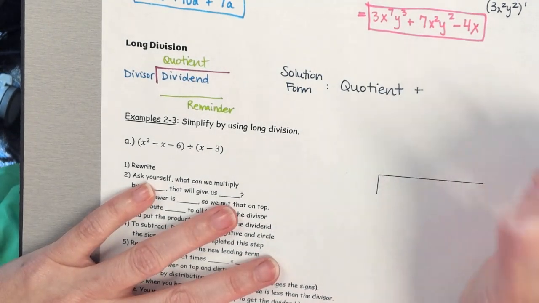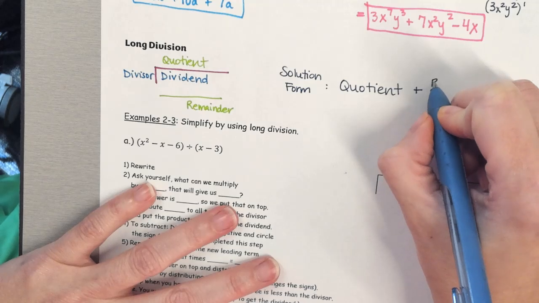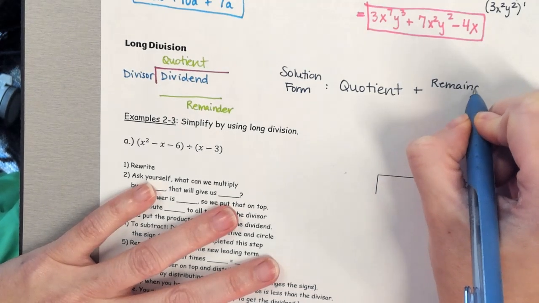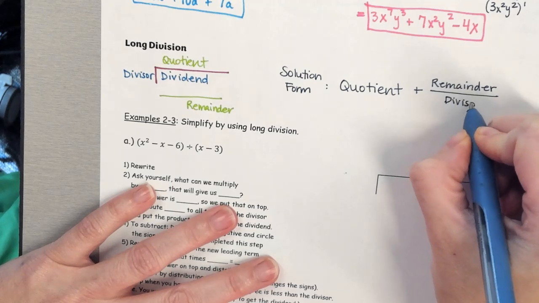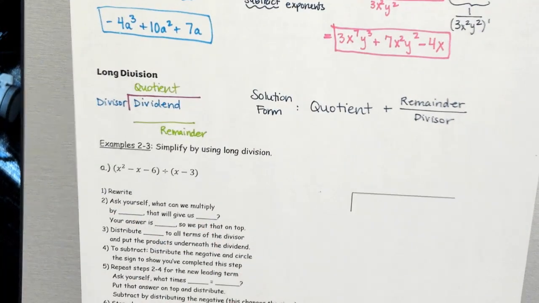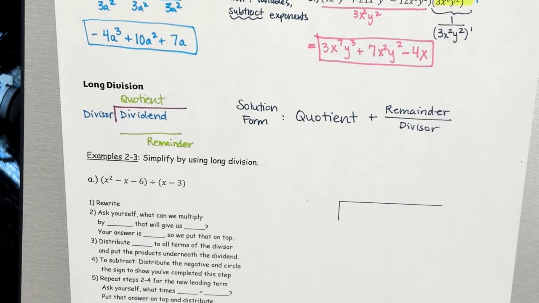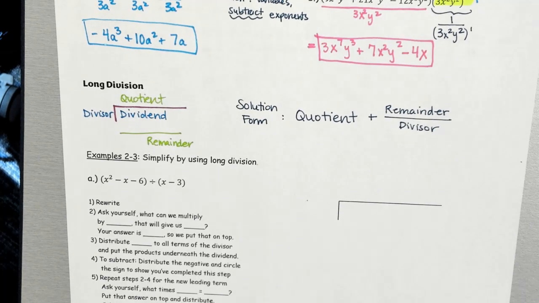And then you're going to add the remainder, and that is going to be over the divisor. Okay, so the quotient plus the remainder over your divisor. And if you look back at our example that we did for our warm-up, that is how we wrote that. Okay, so our remainder was 1, and we wrote it as 1 over 3.